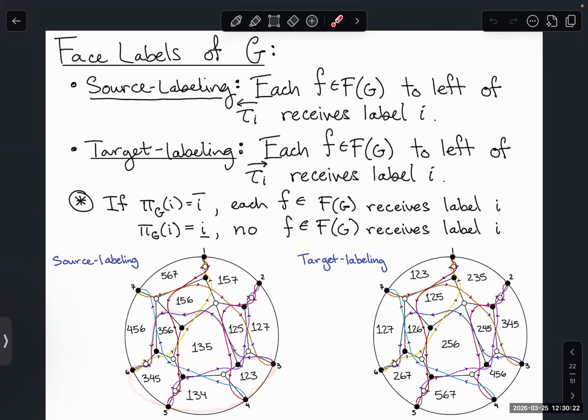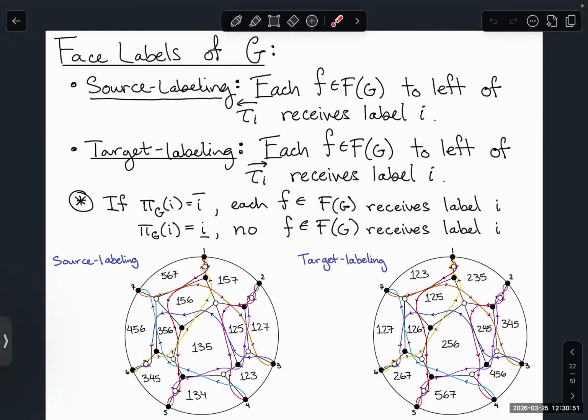You could check all the other strands and see that same thing happening. If I go over to the target labeled version, in the same region, that strand now ends at 6, so every face in this same cowboy hat region includes the face index 6.